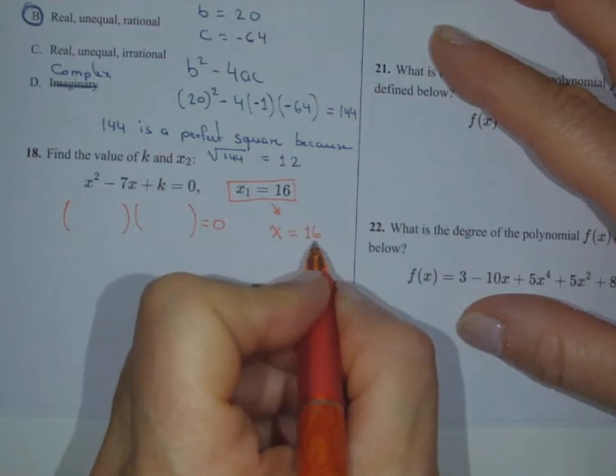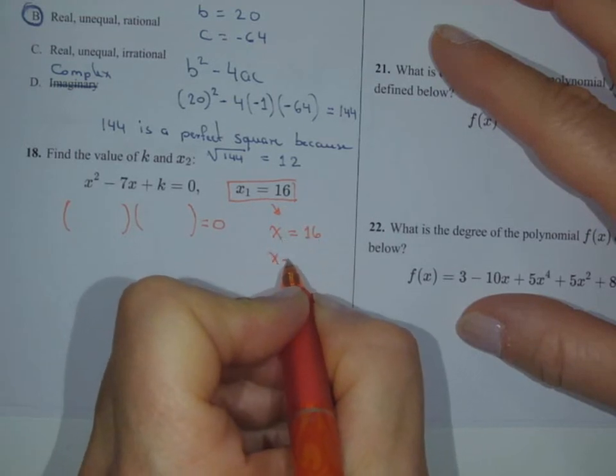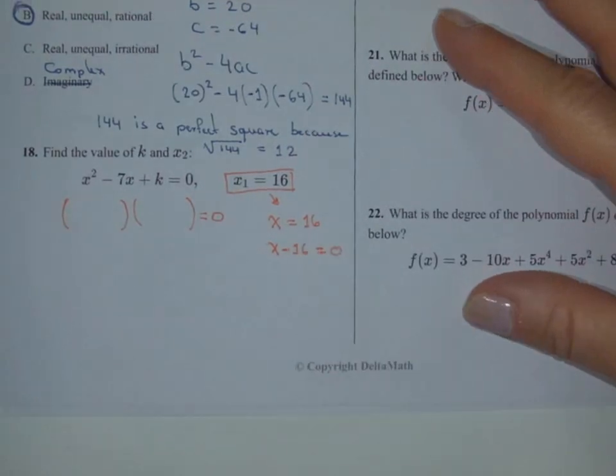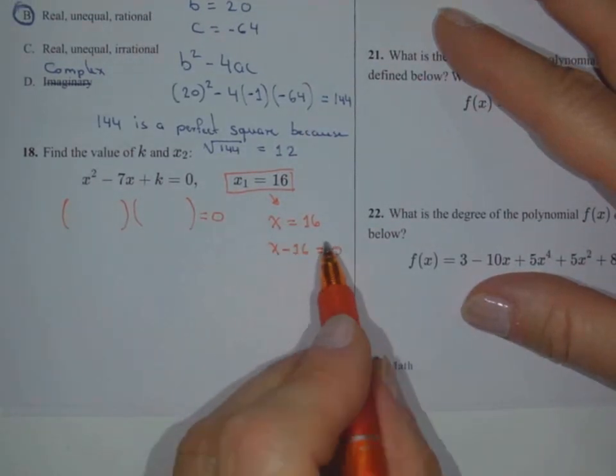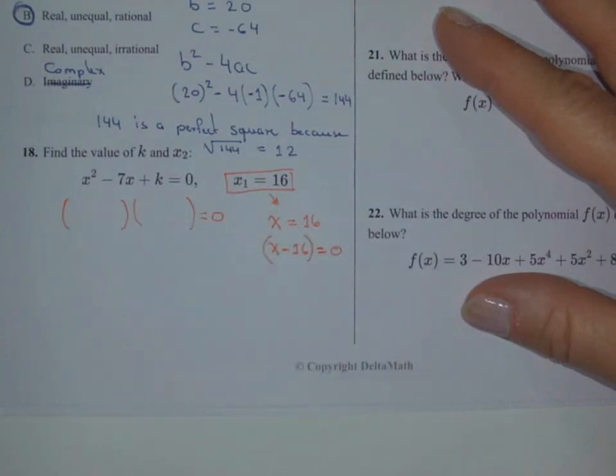Before it became a solution, it had to be a factor. So move that across the equal sign, because x minus 16 had to be true, right?